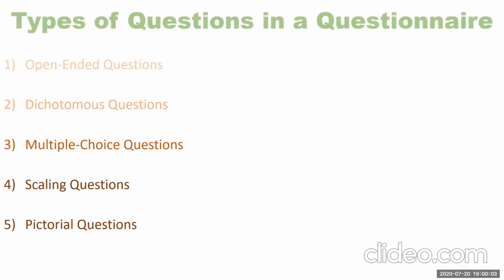So types of questions in the questionnaires. When you prepare the questionnaires, you need to keep in mind open-ended questions, which are related to their ideas and feelings. Then dichotomous, yes no kind of questions. Multiple choice questions, where you give 4 or 5 options and they select one or two or three.